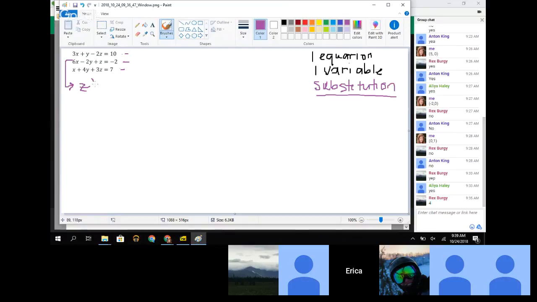So we have 6x minus 2y plus z equals -2. I'm going to subtract 6x from both sides and add 2y to both sides. Subtract 6x and add 2y.